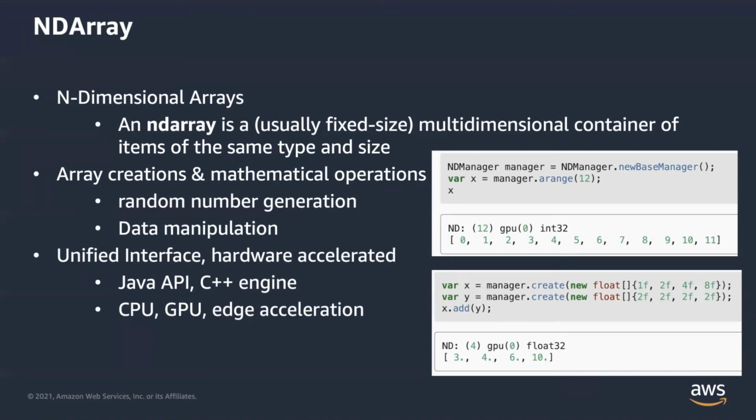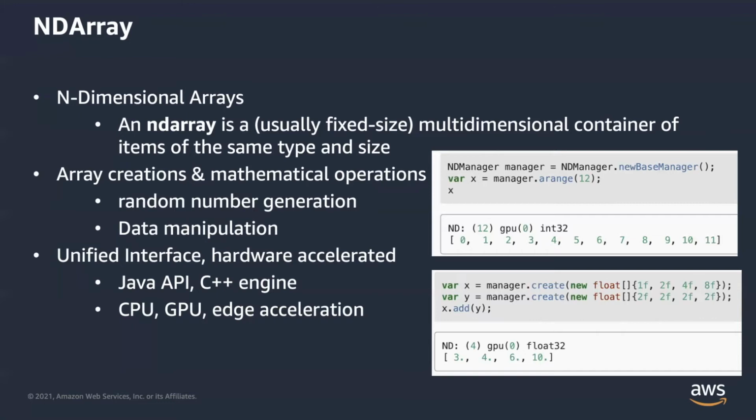It can help you generate a random number or a large group of numbers all at once with one command. And then you can operate on those data, you can manipulate them, like reshape how it's organized. You can do mathematical calculation, add, minus, plus, and some other higher complex operations.